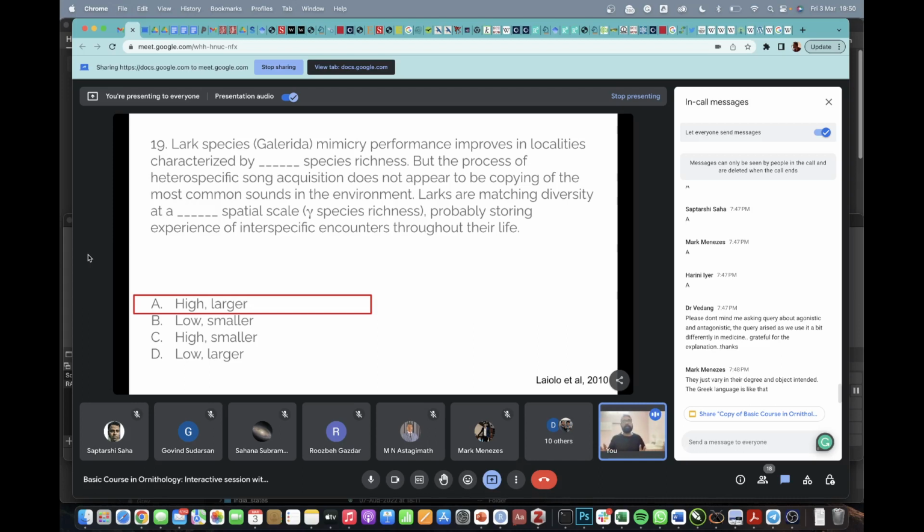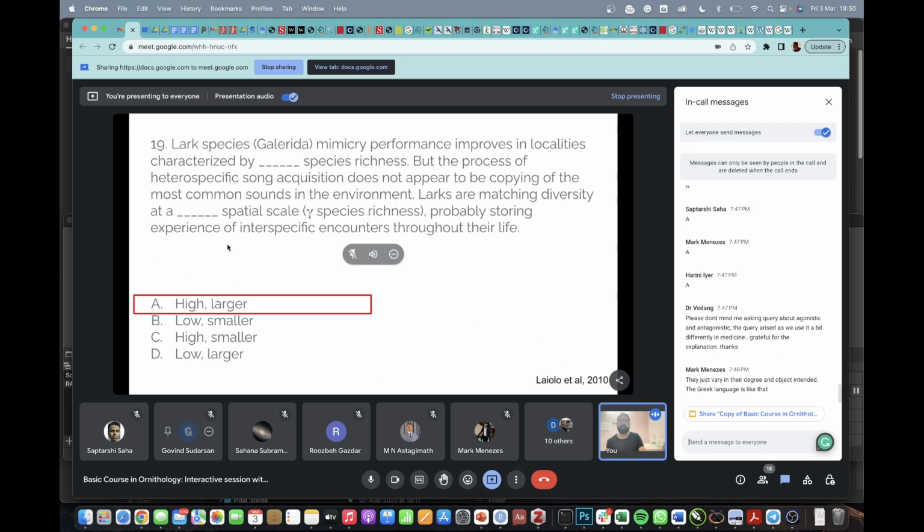Proportion-wise, the mimicked songs of the lark should have 50% of crow songs, 25% of pigeon song, and the rest proportionally of the other species. But that is not what happens. What is happening is a completely different figure.